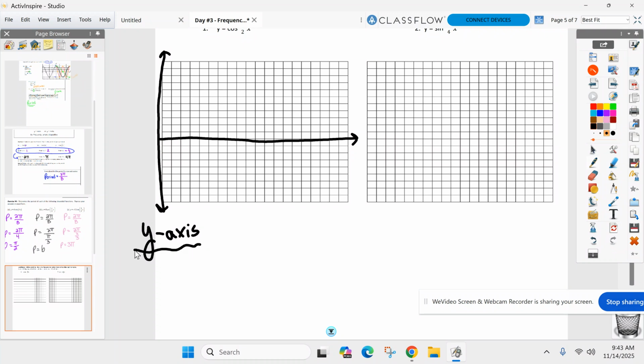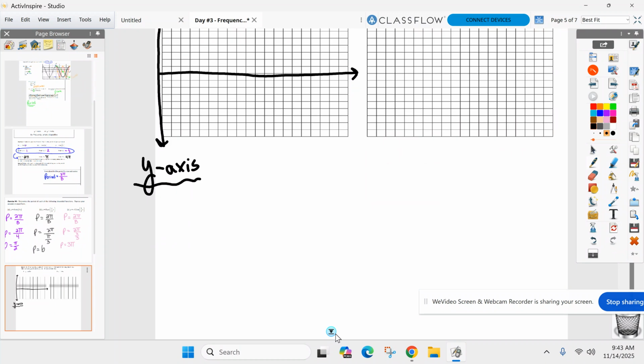Think about when we graph cosine and sine, and I go around and I say, where does it start? Where does it go? What 3 values do you think need to go on my y-axis? What do I always graph with sine, cosine? We're not doing sine and cosine. What 3 values have to go on my y-axis? Go ahead, Wes.